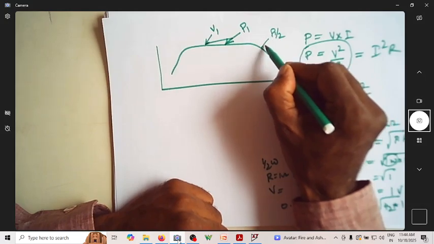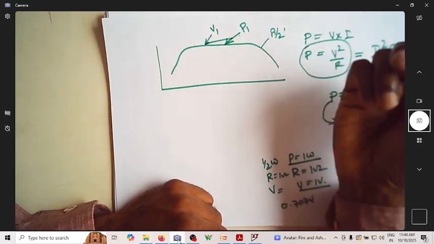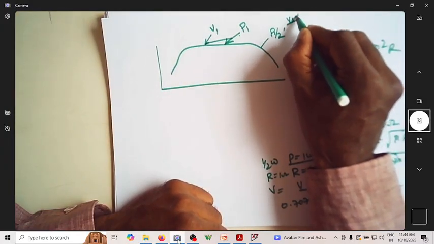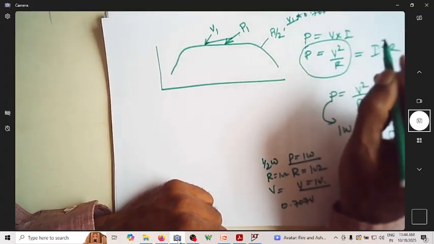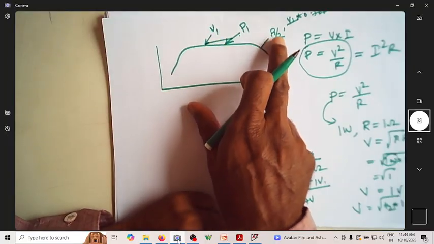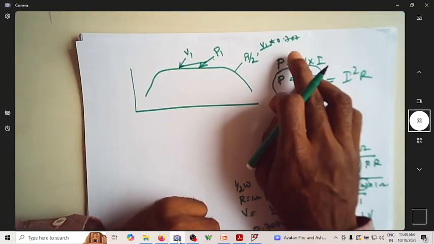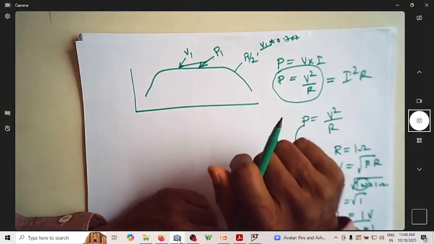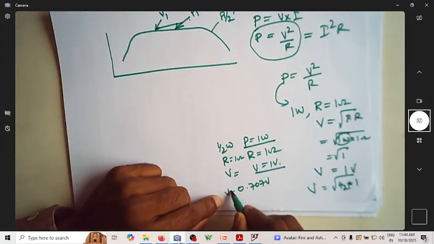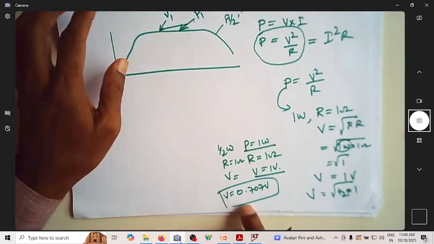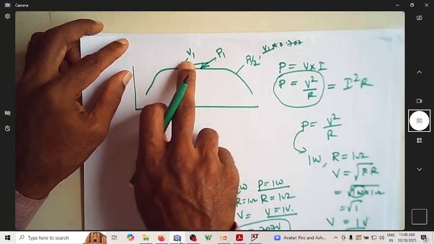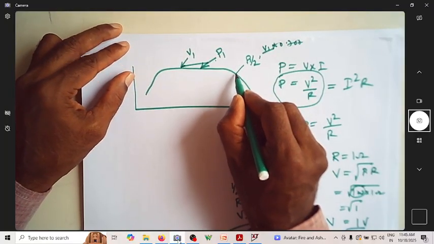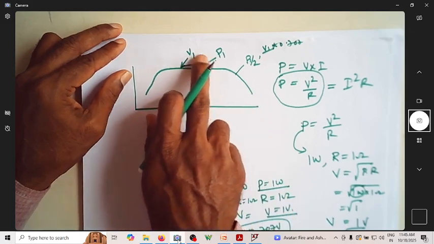For this power to be half of this power, what will be the voltage? The voltage is V1 into 0.707, because if the power is reduced by half, the voltage will be 0.707 times V1. That's what we found here. So this point corresponds to half the power compared to this point.